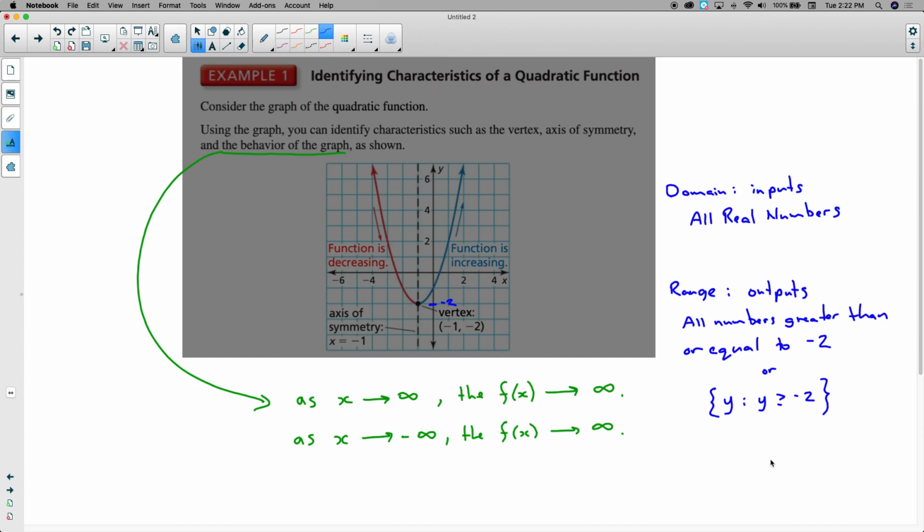Okay, so that's the fancy version, and then I'll go ahead and introduce you to this notation here. That little colon is the phrase "such that." So this reads like this: the outputs such that the outputs are greater than or equal to -2.